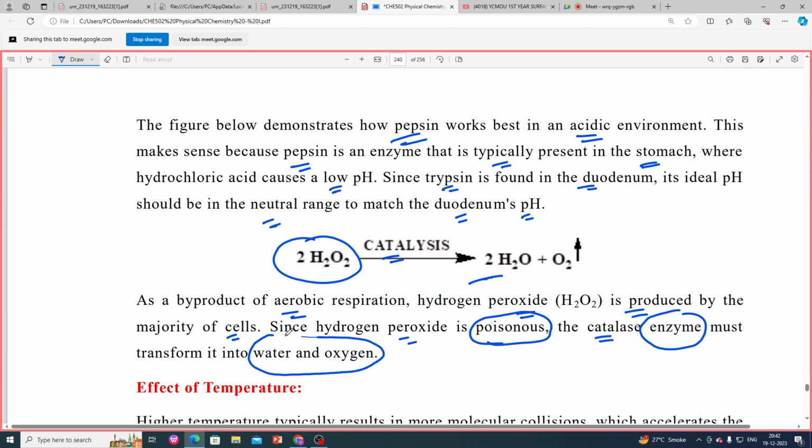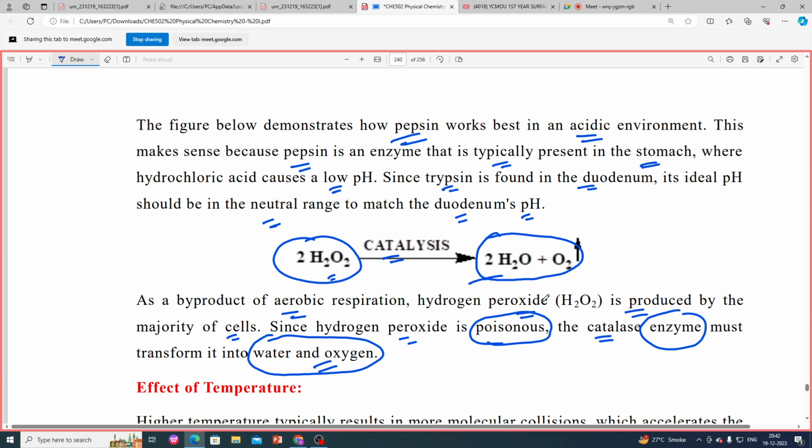And how important is this? कितना ज़्यादा important, if this enzyme is absent, okay. Since hydrogen peroxide is poisonous, the catalase enzyme must convert it into water and oxygen.